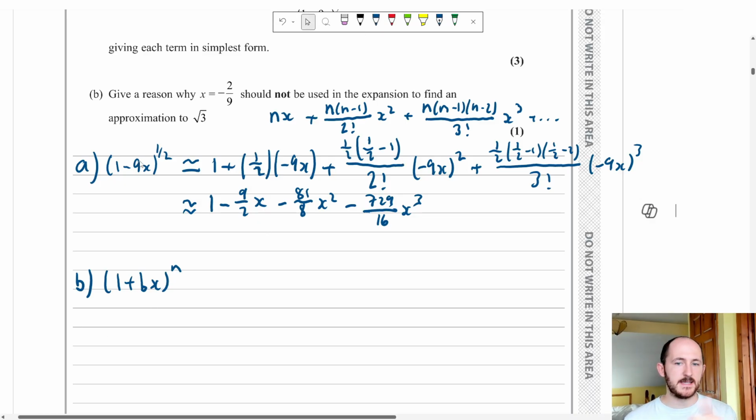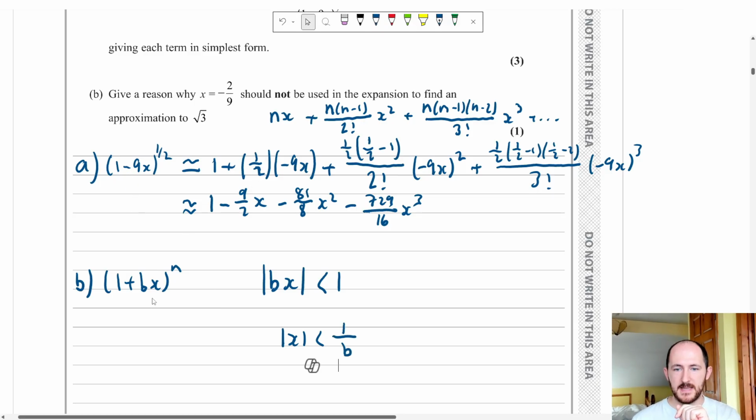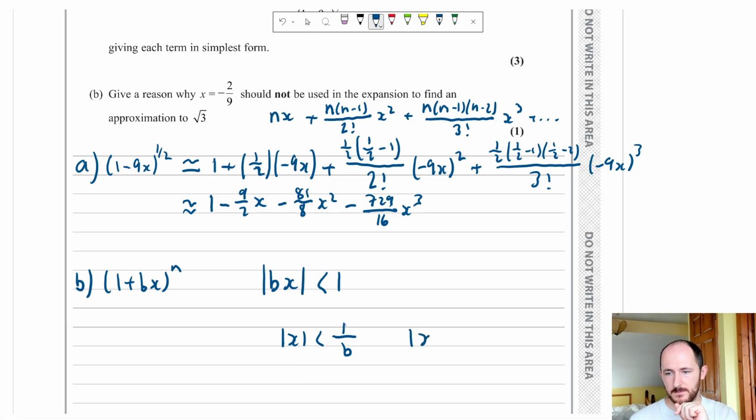In this case, b is negative 9. And we always use it. Now, bx, the modulus of it, has to be less than 1. Which means if I rearrange it, the modulus of x needs to be less than 1 over b. So in this context, if b is 9, then the modulus of it has to be less than 1 over 9.